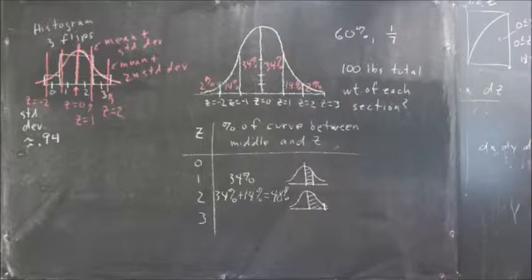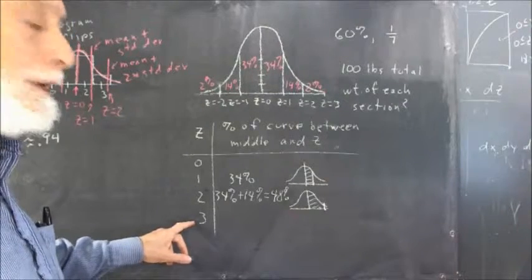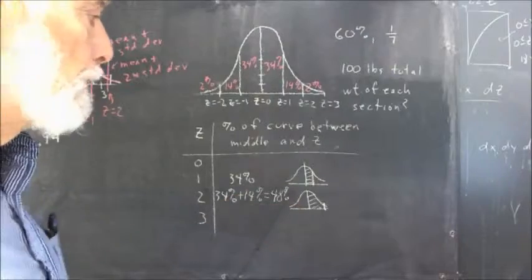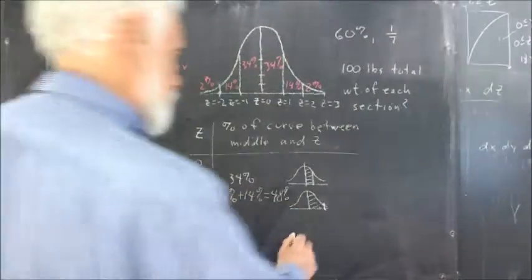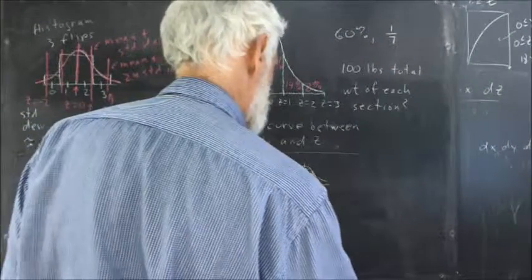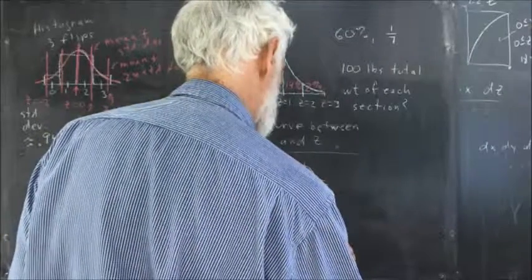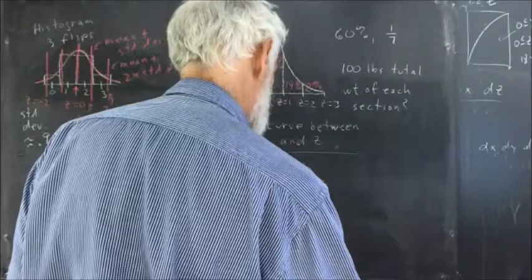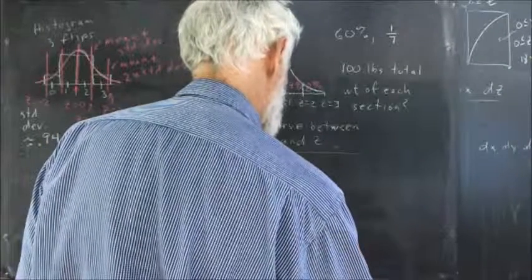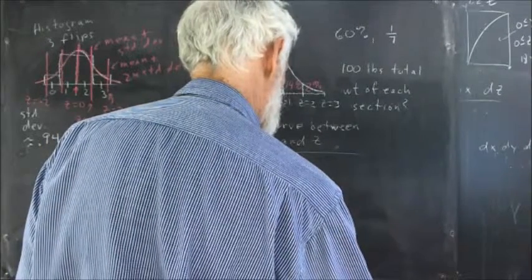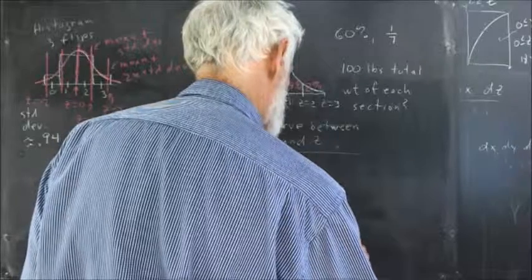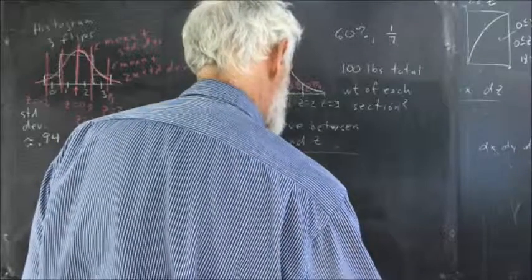Okay? Now, how much between Z equals 0 and Z equals 3? Well, that takes us out even further. You should sketch your own picture. You should have paused and thought this through. But let's say here's Z equals 1, Z equals 2, Z equals 3 out here.